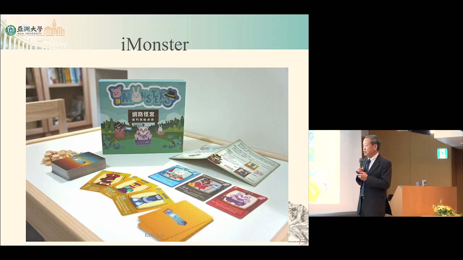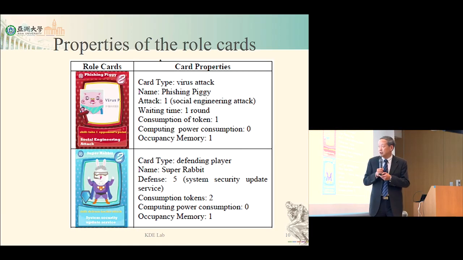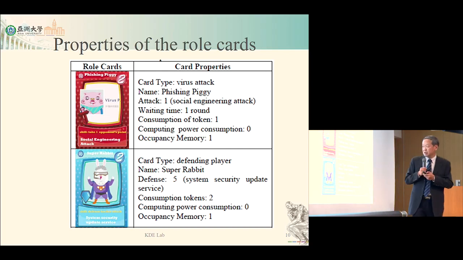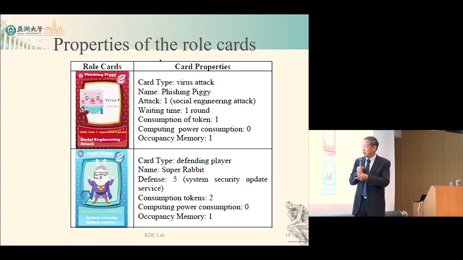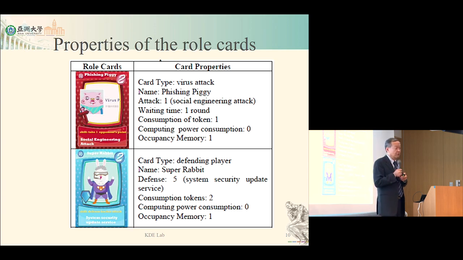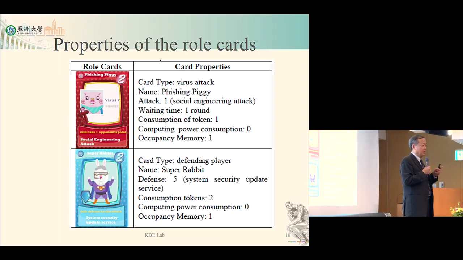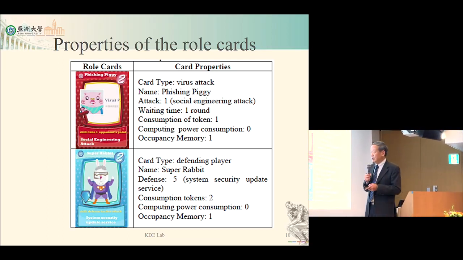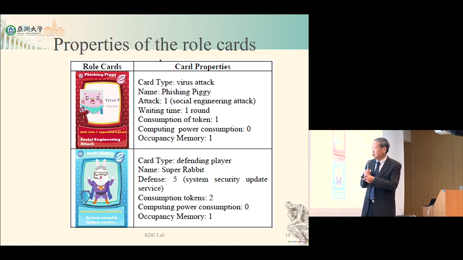As you can see, there are several different kinds of role cards, and basically there are three different kinds. The piggy represents a type of virus attack. There are several attributes associated with it, and each attribute can indicate some property, for example, the degree of the attack, the capability or ability of the attack, and the consumption of the attack, such as power consumption.